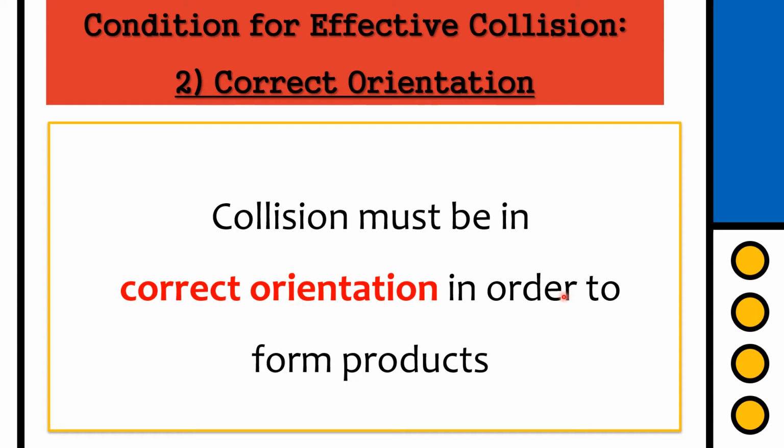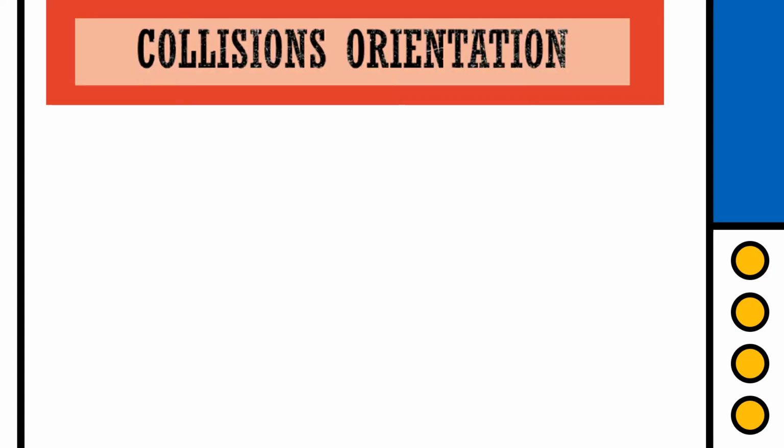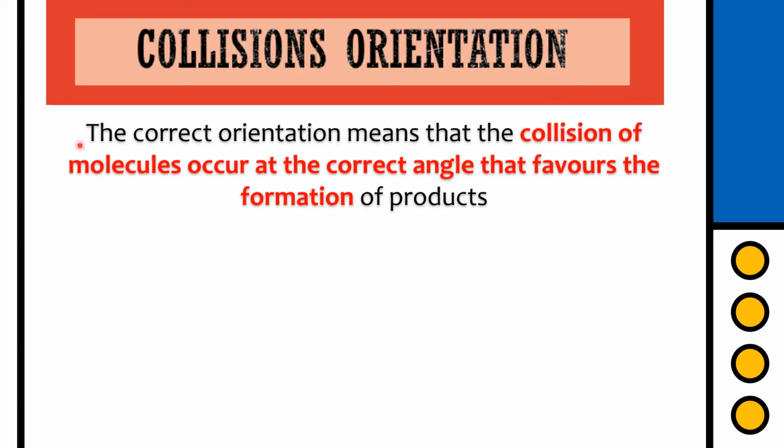If the reactants just collide randomly, not in the correct orientation, even though they have enough energy, we still will not produce any products. So correct orientation means that the collision of molecules occurs at the correct angle that favors the formation of product. Let's take a look at one example.